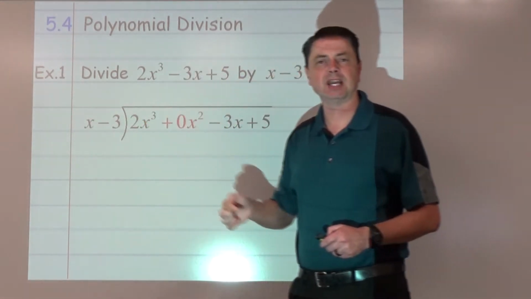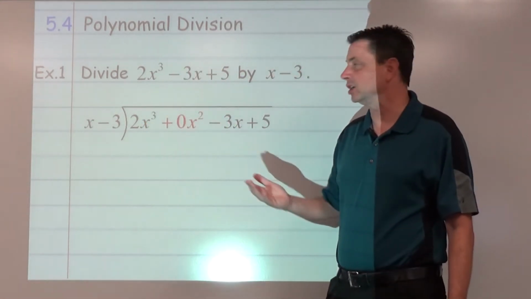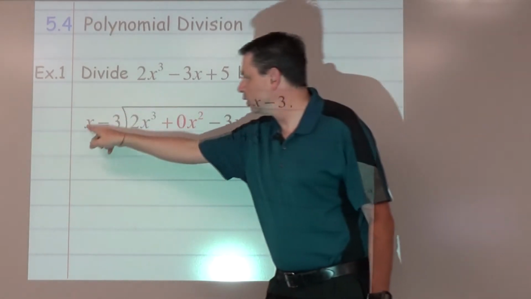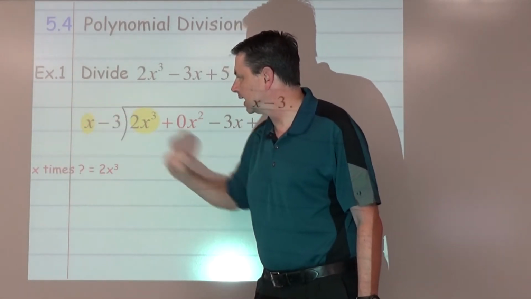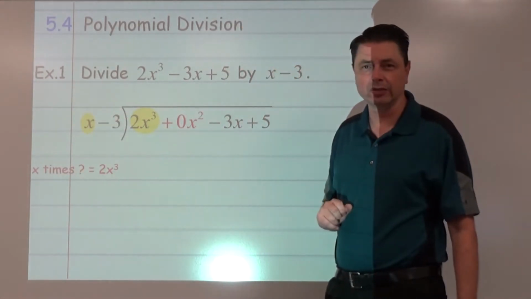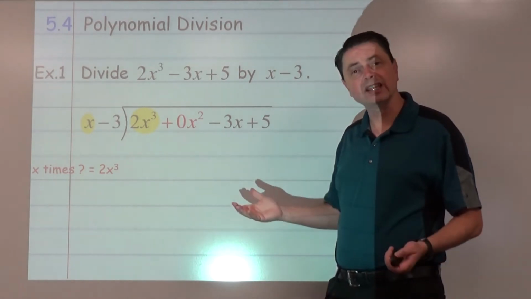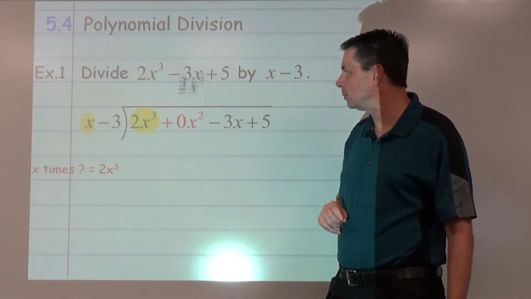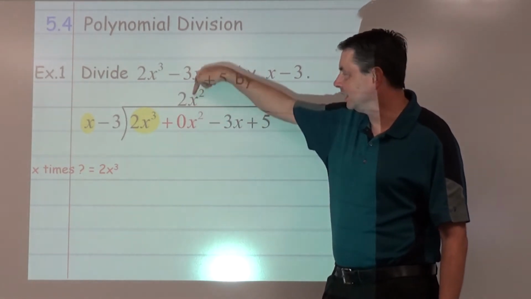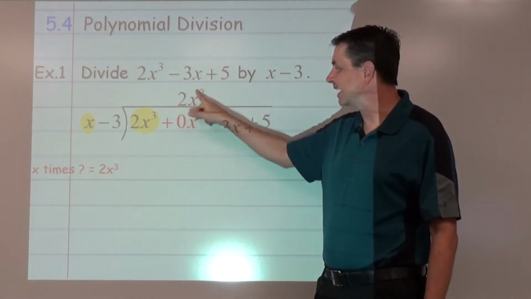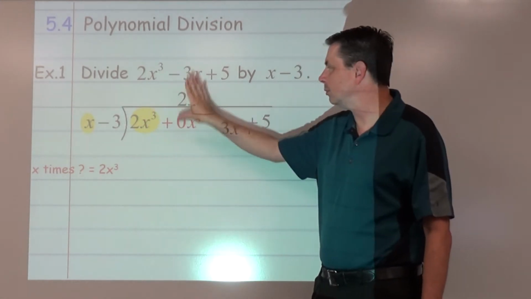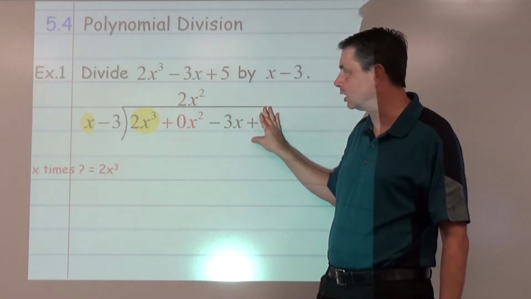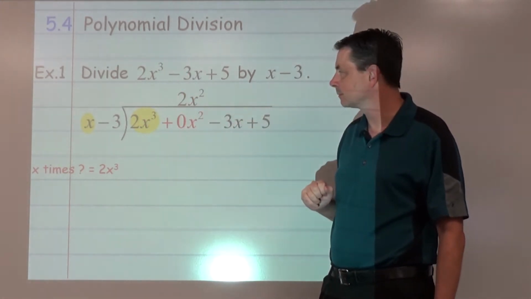But the way you want to rephrase that in your mind is, what would I multiply x by to get 2x to the third? That's going to be 2x squared. We put that up on top, and I like to put it in the column where it's x squared. So we have an x cubed column, x squared, x, and constant. We put it right here.